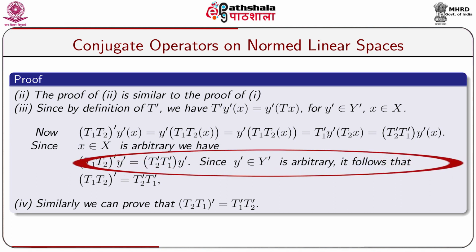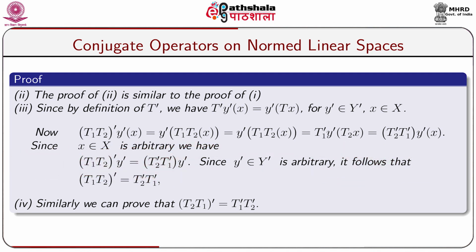Since x belonging to X is arbitrary, we have (T1 T2)' y' equal to T2' T1' y'. Since y' belonging to Y' is arbitrary, it follows that (T1 T2)' equal to T2' T1'. For the proof of 4, similarly we can show that (T2 T1)' equal to T1' T2'.